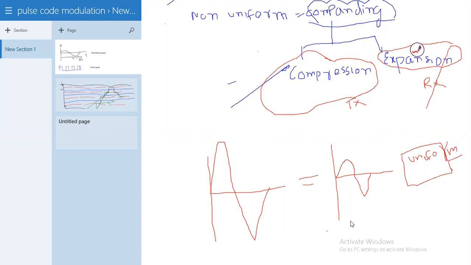This process takes place in the transmitter section.